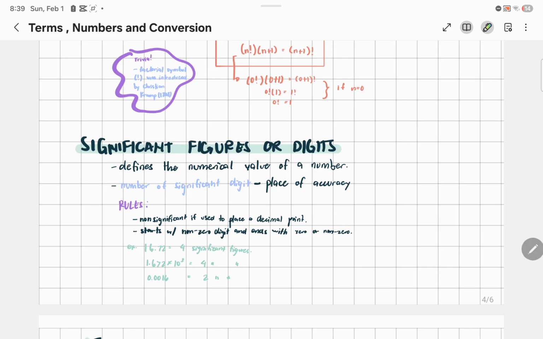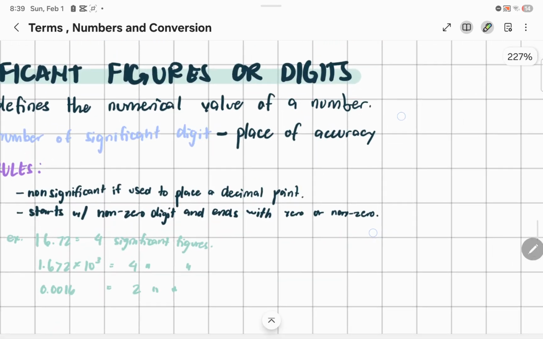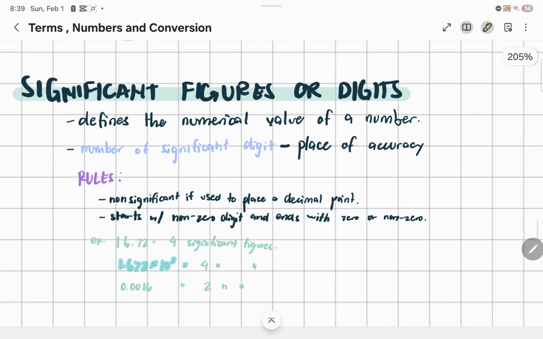Now, significant figures or digits define the numerical value of a number. The number of significant digits is considered the place of accuracy of a number. The rule is that zeros used only to place a decimal point are non-significant.